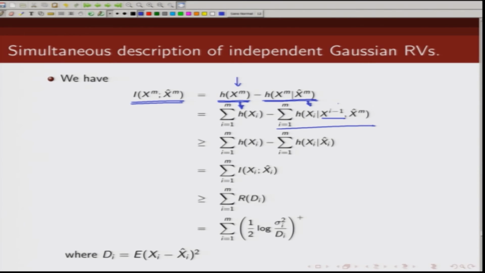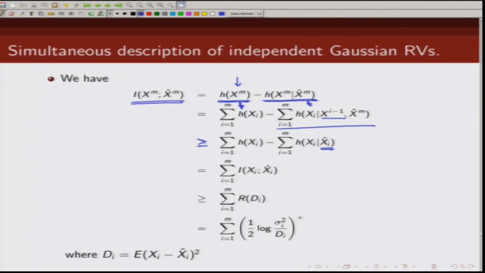We know that conditioning cannot increase entropy. So if I condition it only on x hat i, then this is a larger quantity. So I can lower bound this mutual information.